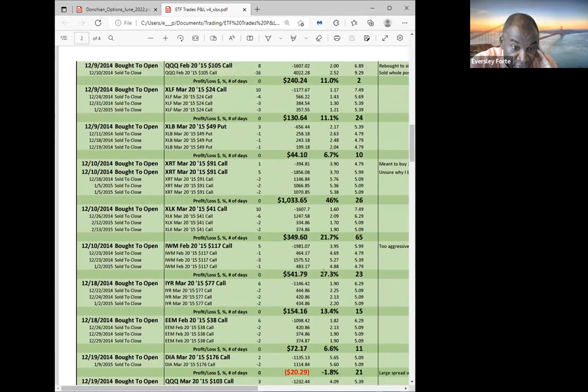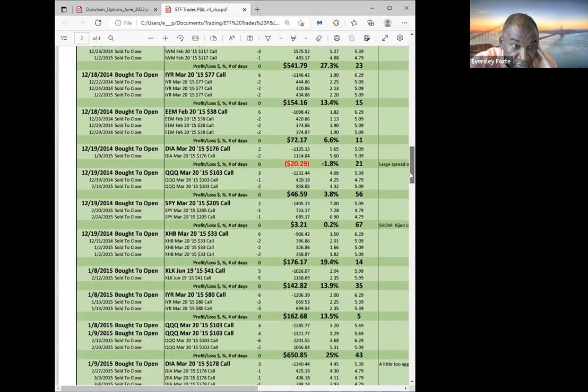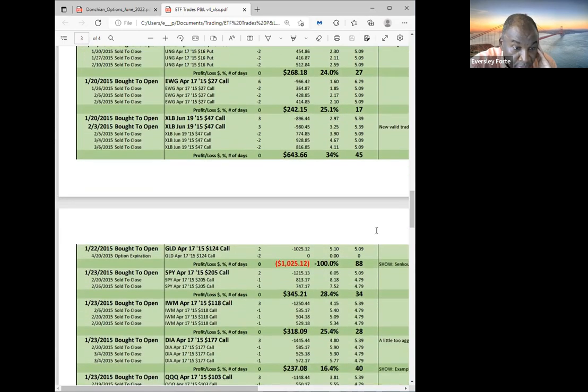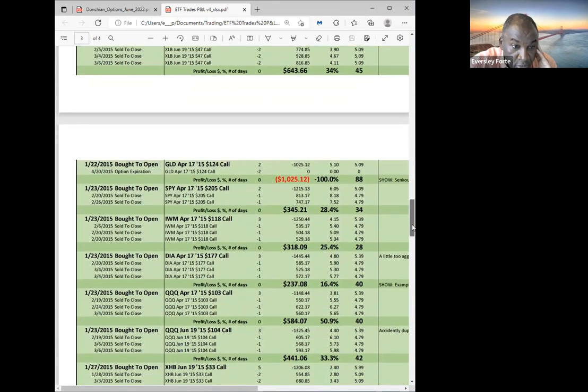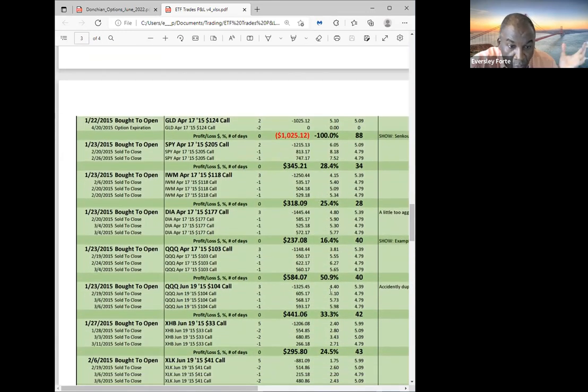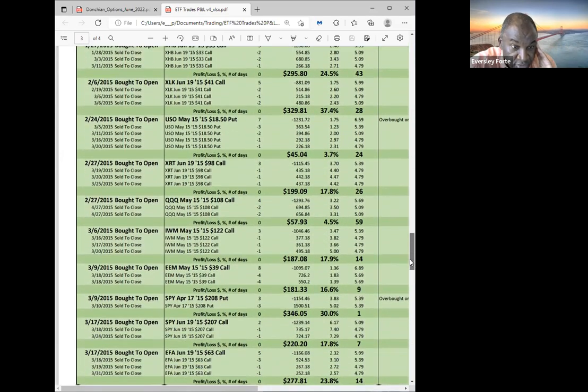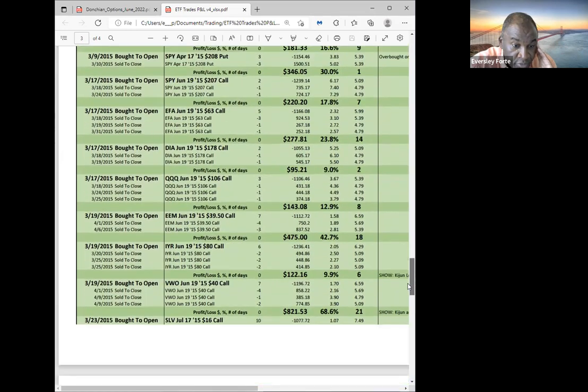It just adds up and adds up and adds up. Wow, he had a loss. Big deal. Whatever the percent return is, you keep trading. And he was trailing stops. He did a really good job of doing this.